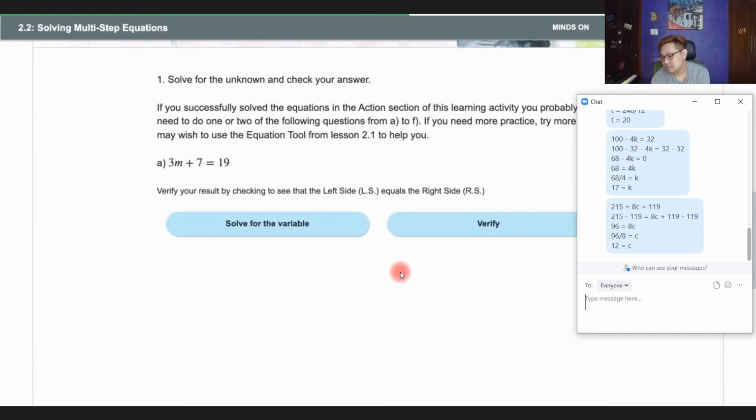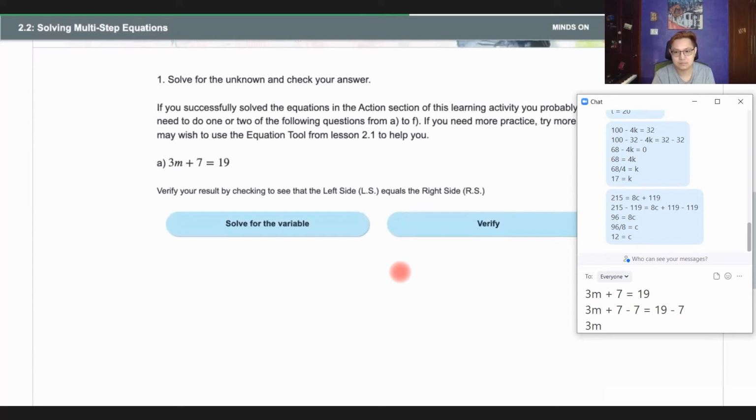So this is 3m plus 7 equals 19, so bring the 7 over to 19 and subtract it. 19 minus 7 is equal to 12.